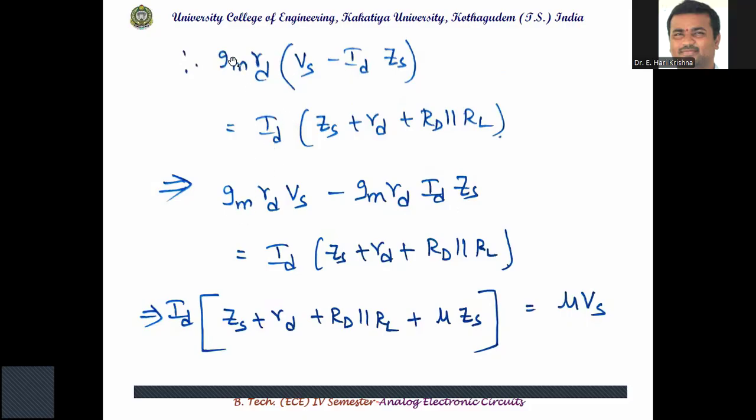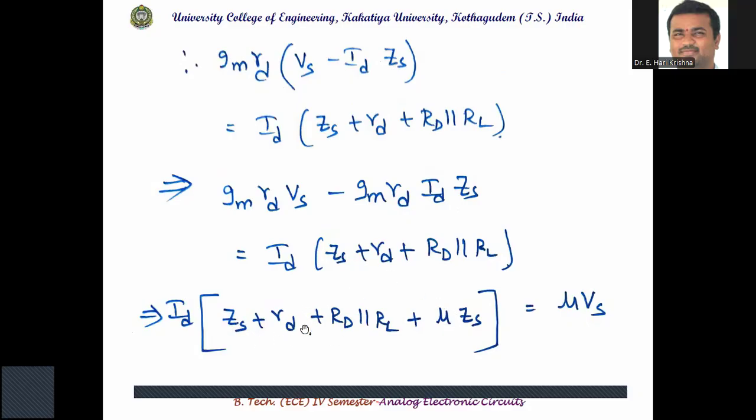So simplifying this, gm rd VS minus gm rd ID into ZS is equal to ID into ZS plus small rd plus capital RD parallel with RL. From this, ID taken common, the combination is ZS. gm rd is the current amplification factor, so we replace it with mu.